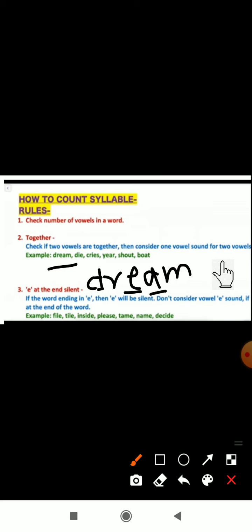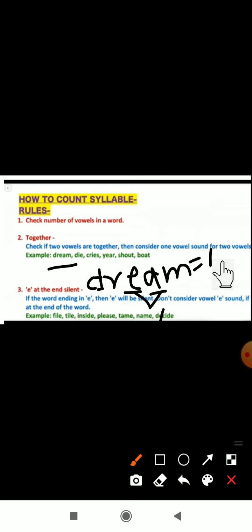Yes, we checked, there are 2 vowels. But the second rule is together. If they are together, then we have to consider only one vowel. So these both together, only one vowel we are considering here. Again, are there remaining vowels? No. So what we can say? See, dream has only one syllable. Got it? Very good.